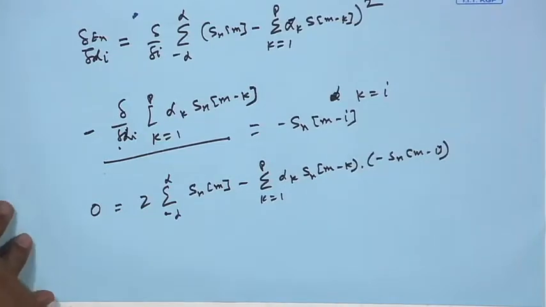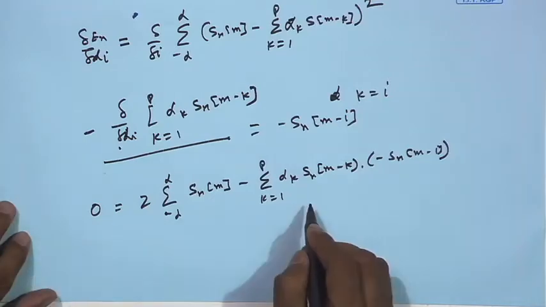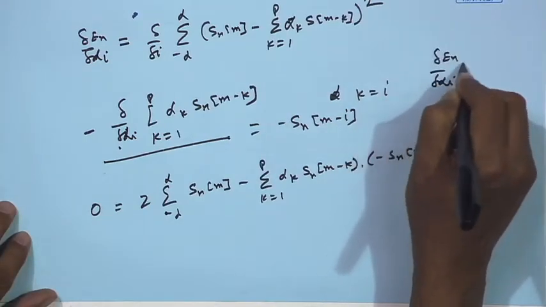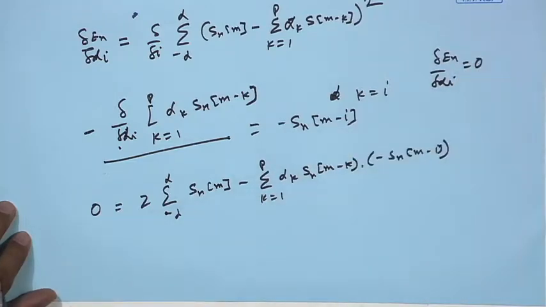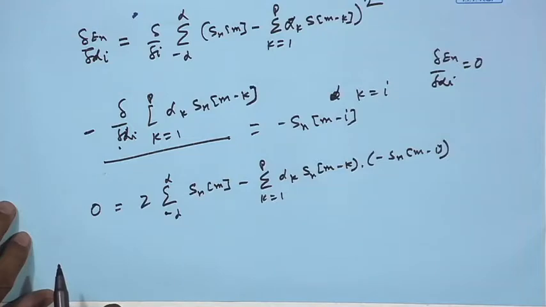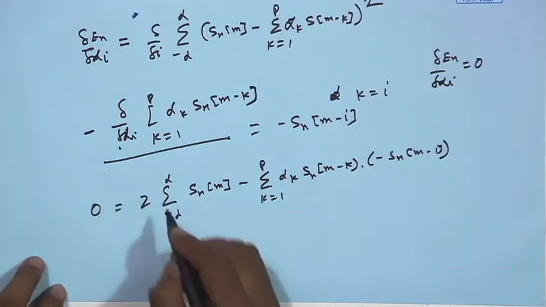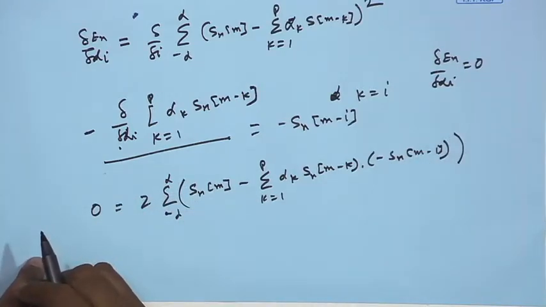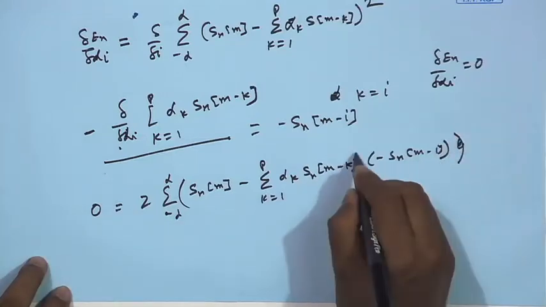Because del E n by del alpha i is equal to 0, I put that value equal to 0. So, 0 is equal to this, and this is equal to this. There will be a bracket in here also, sorry, a bracket in here.